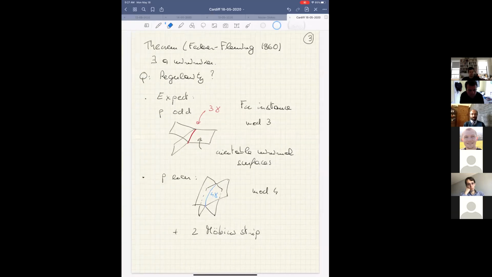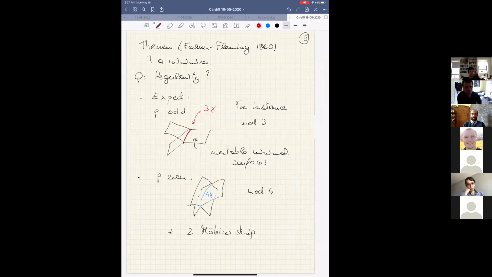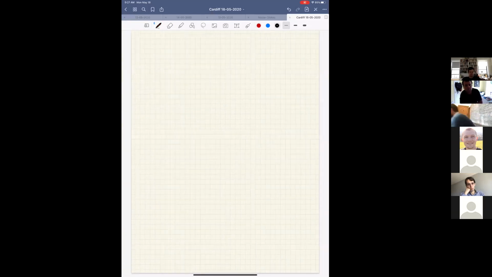So anyway, summarizing, in the mod p case, so in the even p case, you might have unorientable pieces plus p orientable pieces.